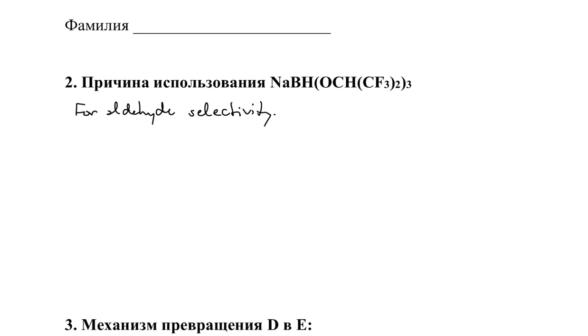We need to use this specific reagent so that it will reduce only the aldehyde, because all the other borohydrides will reduce the ketone too. We have to make the reducing reagent as weak as possible so that it will not reduce anything further.